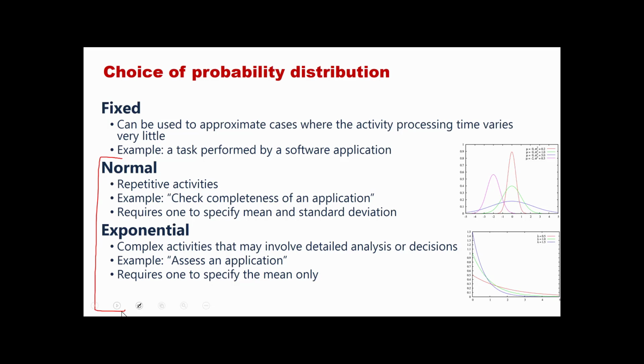The processing time of a task follows a normal distribution if that task has a certain mean execution time, say 10 minutes, and the deviations in execution times for different instances of this task are symmetrically distributed on the left and on the right of that mean. For example, it takes 10 minutes, but sometimes it takes 8, but other times it takes 12, and other times it takes 7, but other times 13. And these 2 sides are more or less balanced, and the magnitude of deviations on both sides is symmetric.